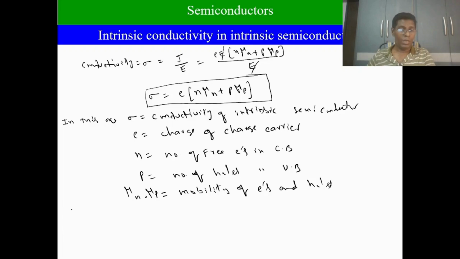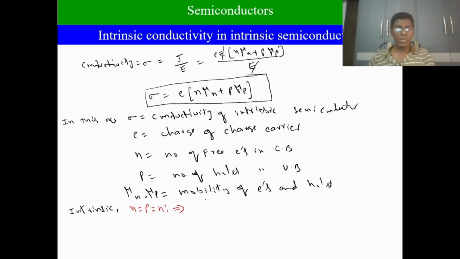Already we know that in the case of an intrinsic semiconductor, the number of electrons is equal to the number of holes, equal to Ni. What is the meaning of Ni? Intrinsic concentration.